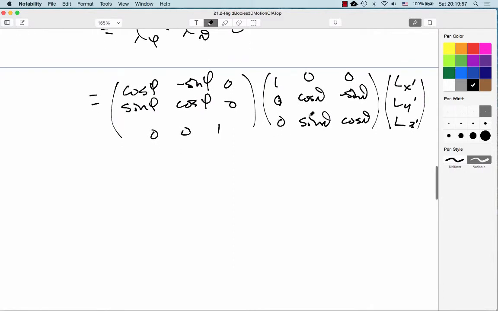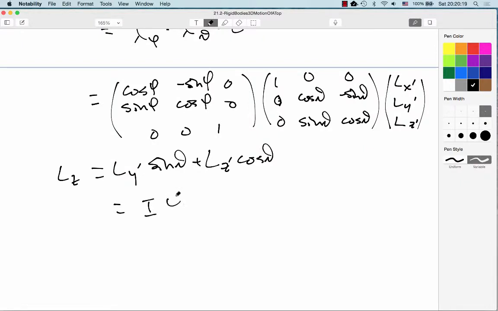All right. Go ahead and do the matrix multiplies, and you get that Lz is equal to Ly prime sine theta plus Lz prime cos theta. All right, and substituting in for what those are, that's I phi dot sine squared theta plus I_s s cos theta.